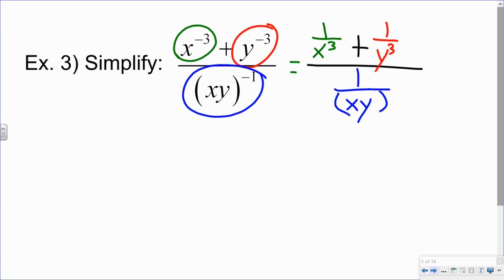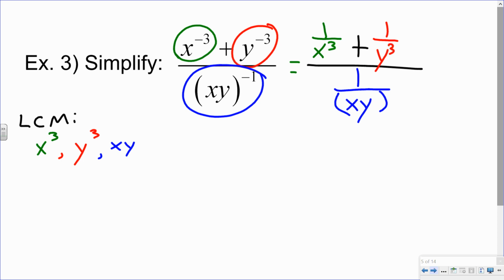Then what we need to do is to look at these things that we have written down and look at those denominators, and I want the least common multiple of the little denominators, of x cubed, of y cubed, and of xy.